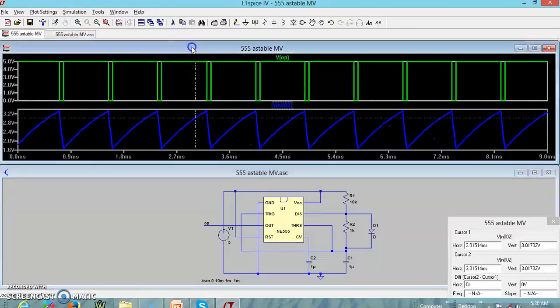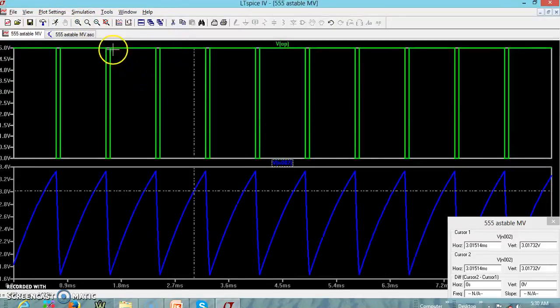Now you can see it's the reverse. The on time is more and the off time is very less. So we are able to get any duty cycle from 2%, 5% to 95% or 98% by having that diode.